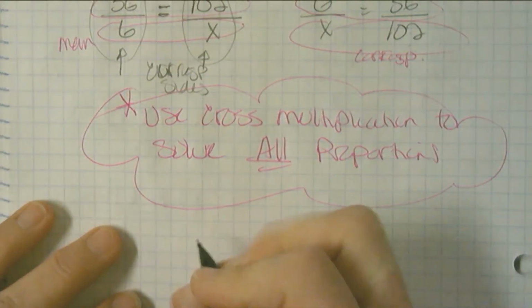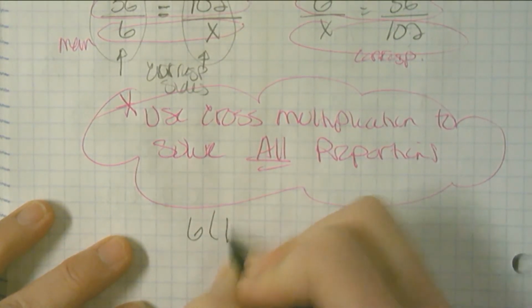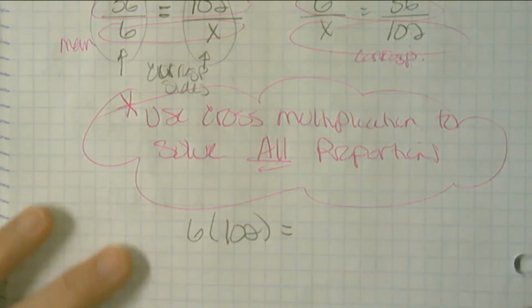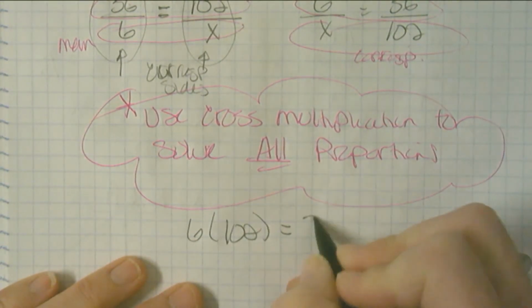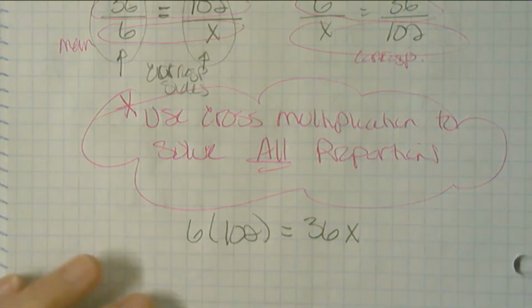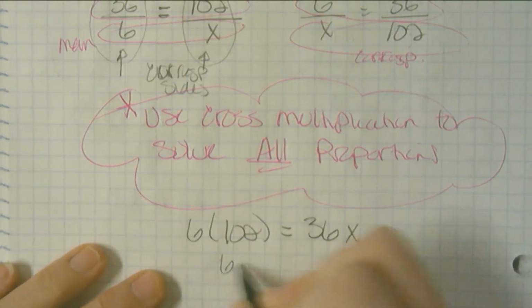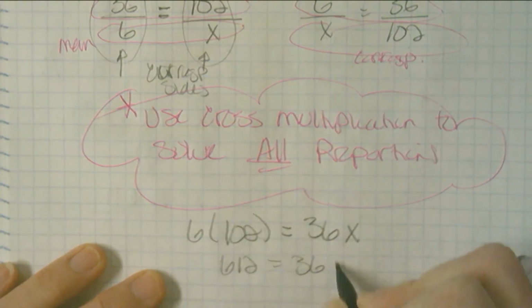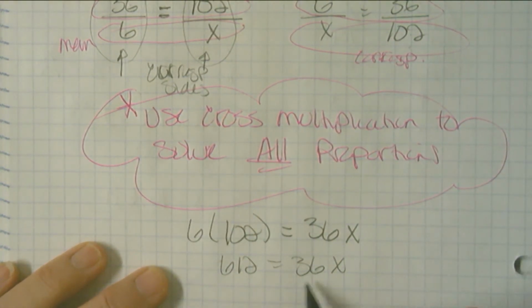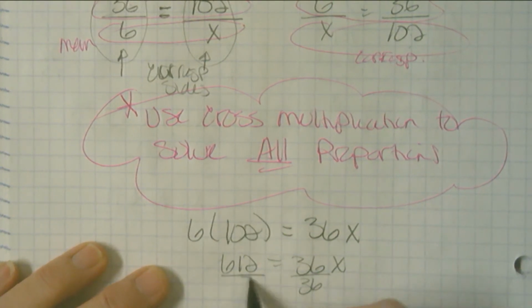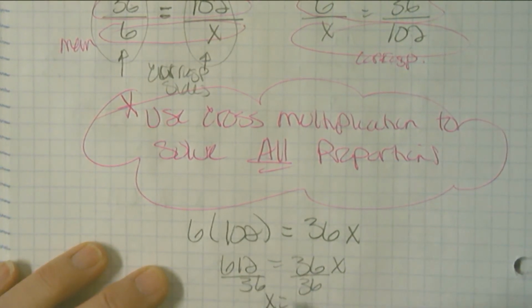Brendan. 6 times 102 equals? Excellent. 36 times x. What is 6 times 102, Brendan? 612 is equal to 36 times x. Now what? And what do you end up getting? 17?